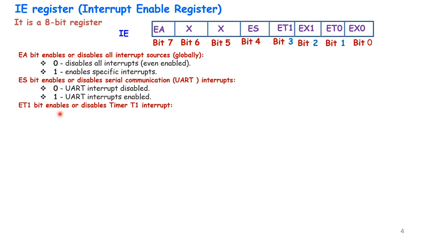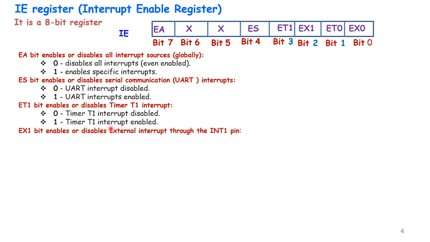The ET1 bit enables or disables the timer 1 interrupt. When this bit is equal to 0, the timer 1 interrupt is disabled, and when this bit is equal to 1, the timer 1 interrupt is enabled. The EX1 bit enables or disables the external interrupt through the INT1 pin.